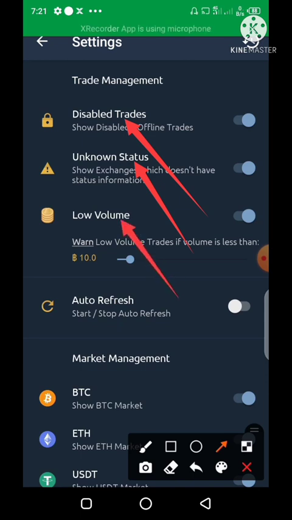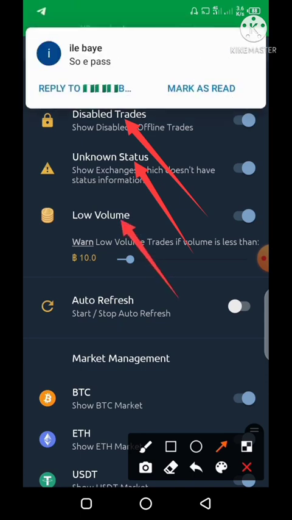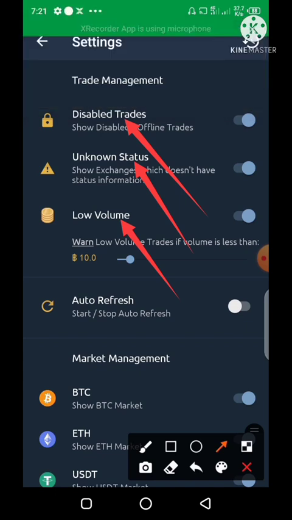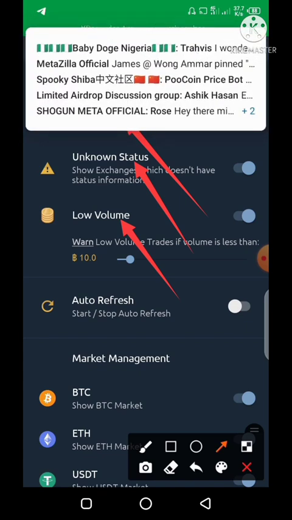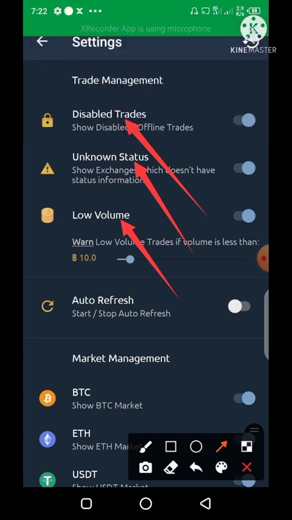These are the signs you need to understand before trading any cryptocurrency using this application. Any crypto you see with this sign, this padlock, this warning sign, and this yellowish color, don't bother yourself buying it.